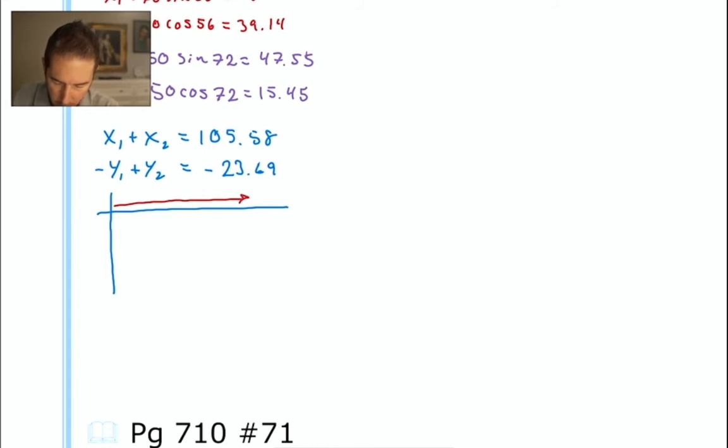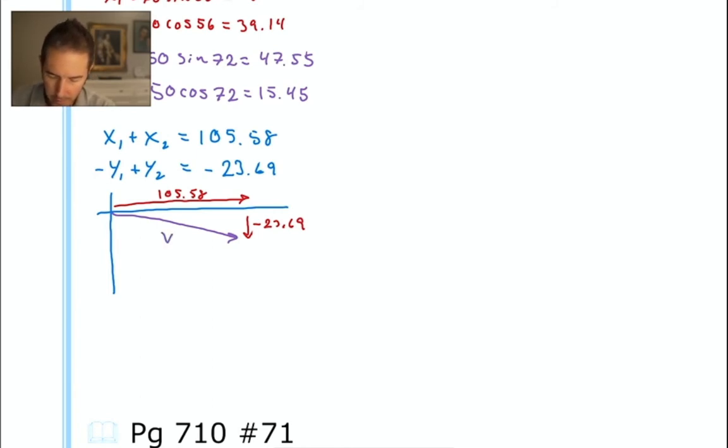It's pulling down at 23.69. You could label those. And the resulting vector, let's see if I can draw this fairly well. There we go. It's pulling in that direction. Let's call this vector v.